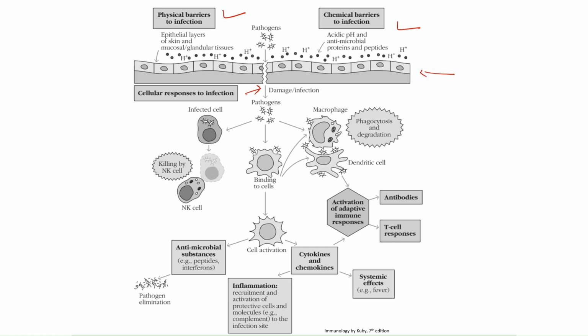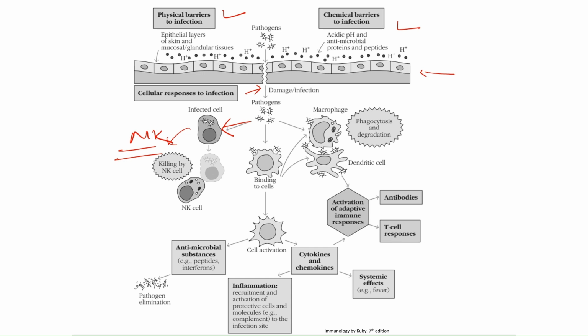This pathogen can go and infect a cell. Once it has infected a cell, that infected cell will be killed by the NK cell. That's how the pathogen gets killed in our body. The pathogen entered our body and successfully infected one cell, and that cell will be killed by the NK cell, and along with that cell, the pathogens also get killed.